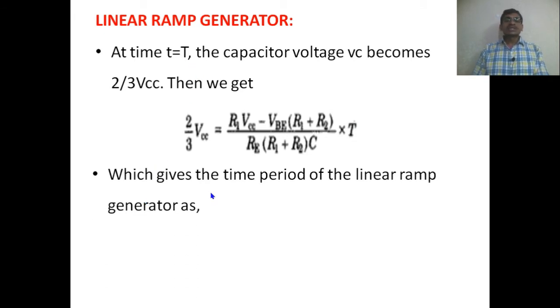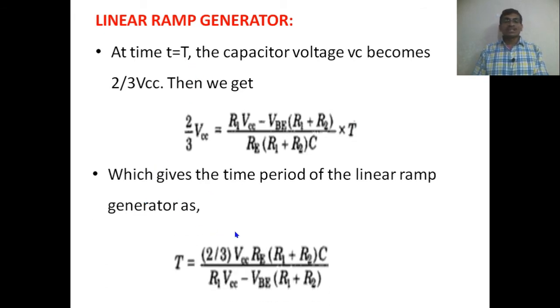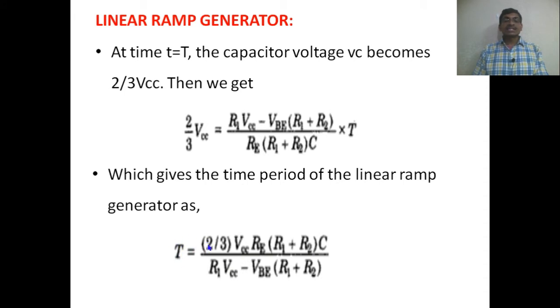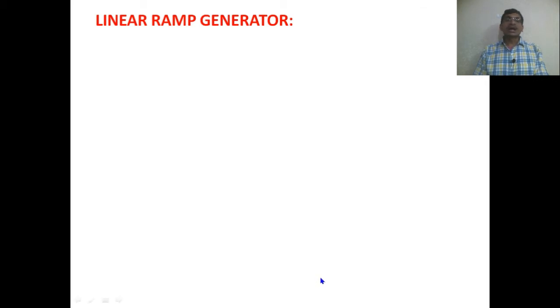This gives the time period of the linear ramp generated as T is equal to 2 by 3. If you rearrange the equation, T is equal to 2 by 3 VCC into RE into (R1 plus R2) into C divided by (R1 VCC minus VBE) into (R1 plus R2).